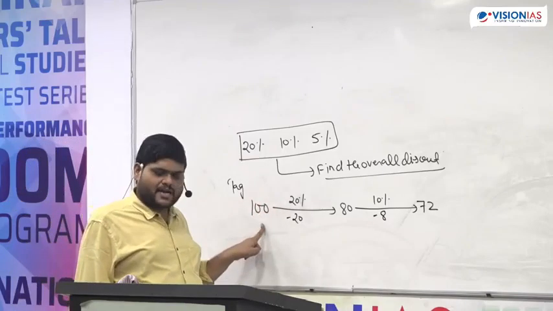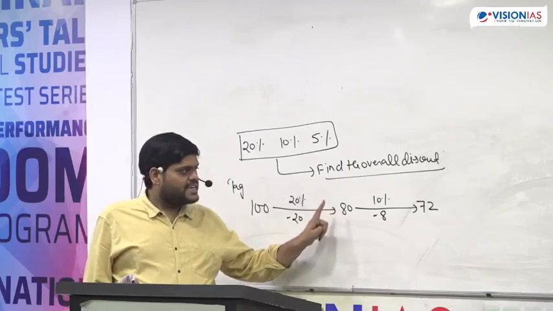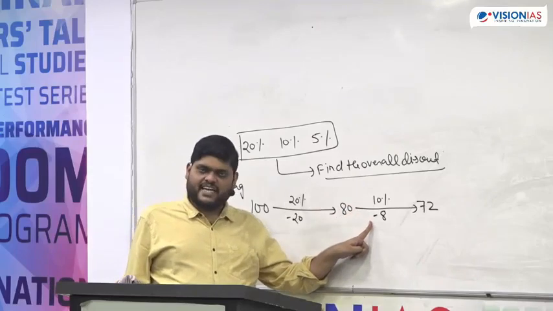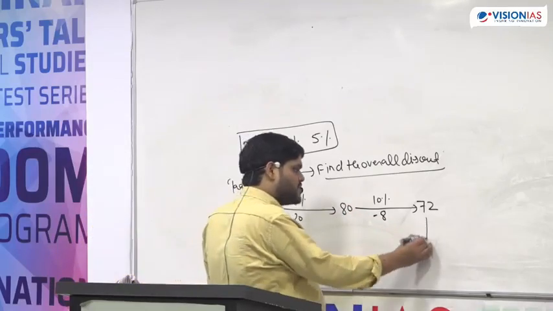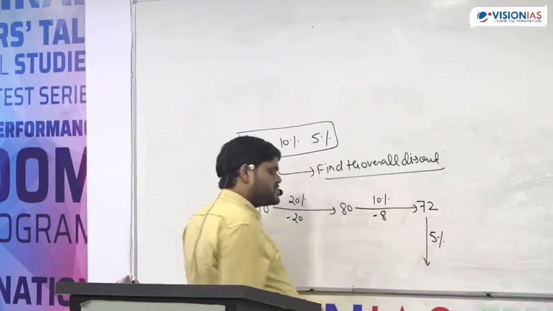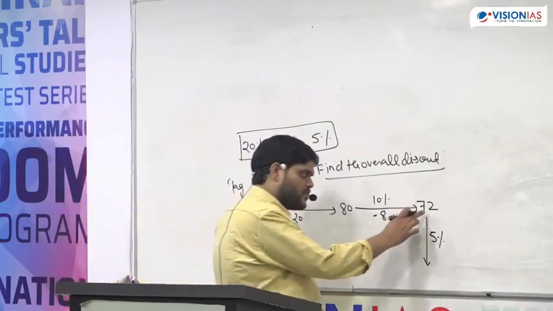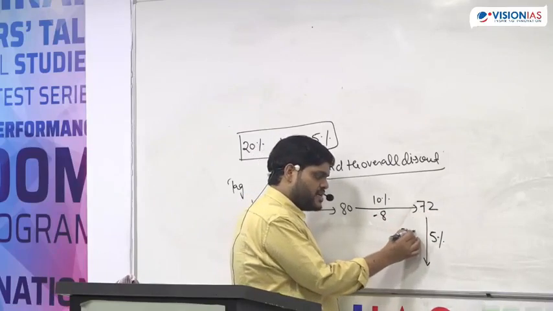Discount means decrement. We have decreased the value. This becomes 80. Next discount is 10%, we decrease 8. This becomes 72. Now the third discount is 5%. 10% of this value is 7.2, so 5% becomes 3.6.